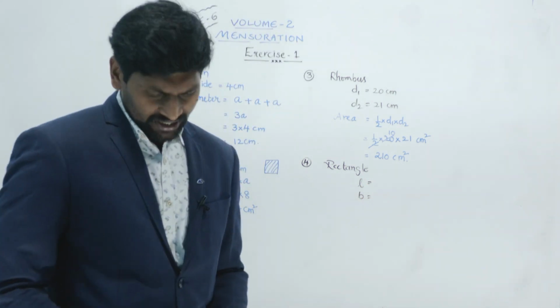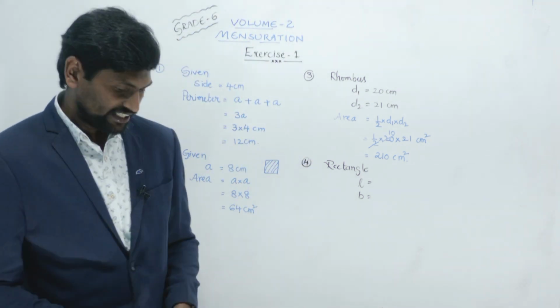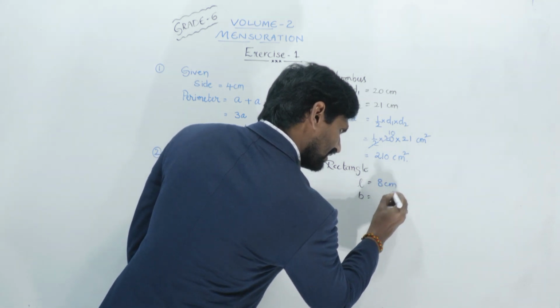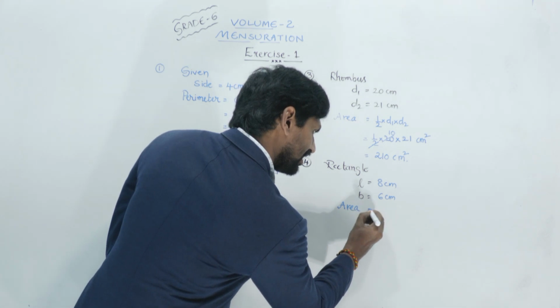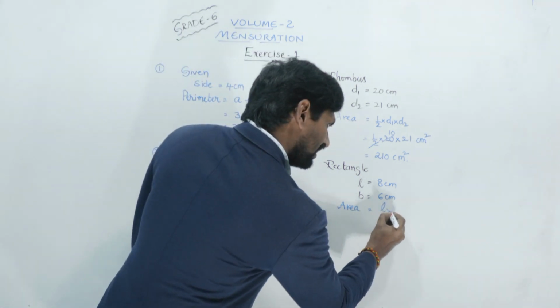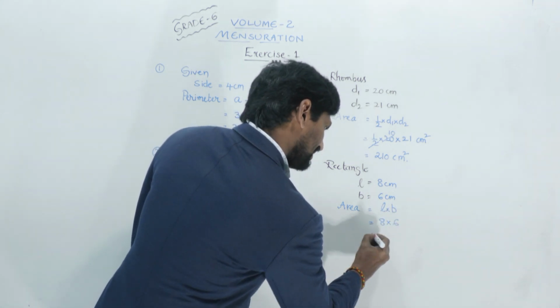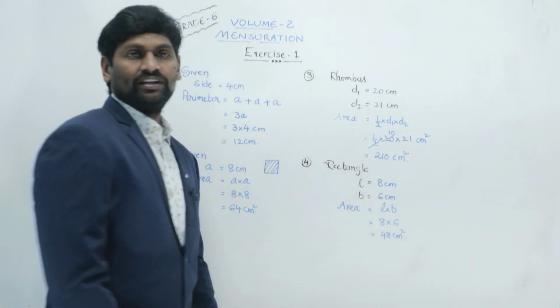The length is 8 centimeters and the width is 6 centimeters. Here also we should find the area of the rectangle. The rectangle area formula is length into breadth, so 8 into 6 is 48 centimeters square.